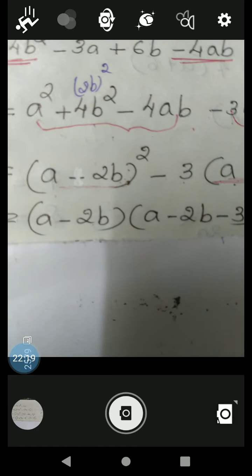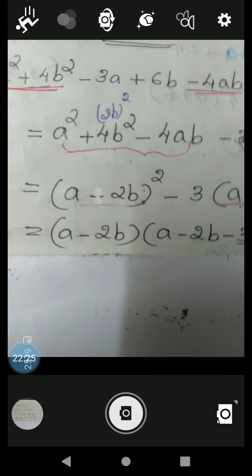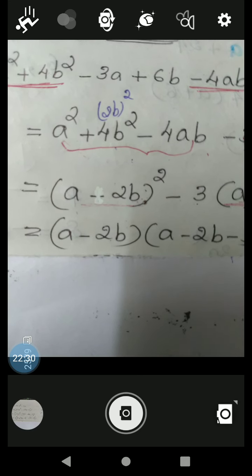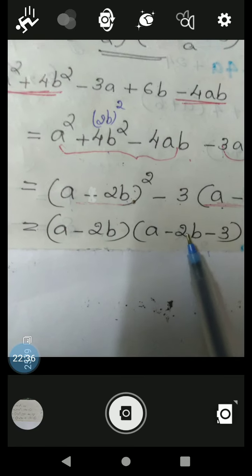So in this chapter, in factorization, once again you have to remember what factorization is. Factorization means to express the given expression as the product of two or more expressions.